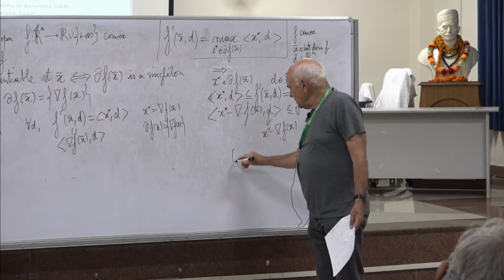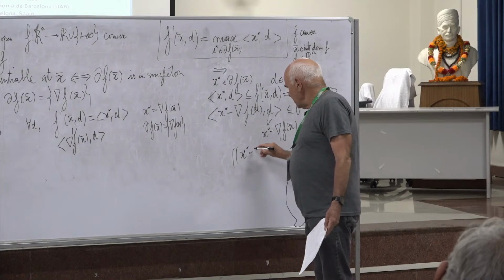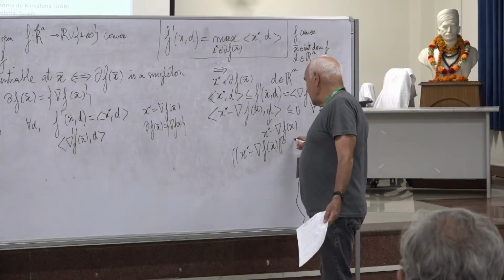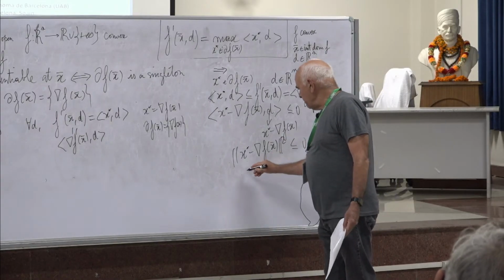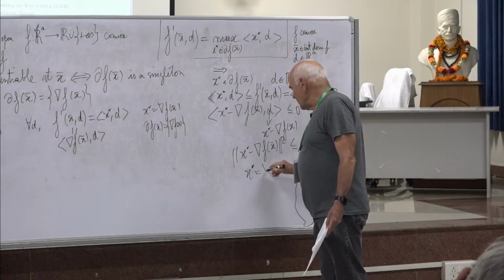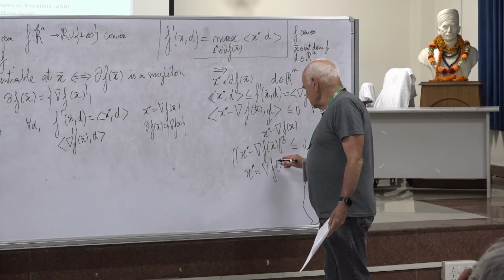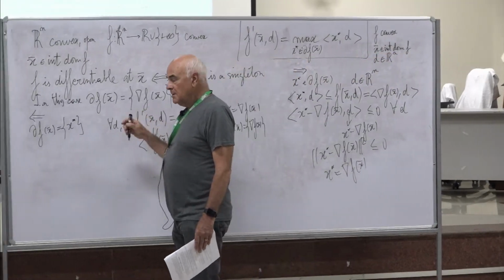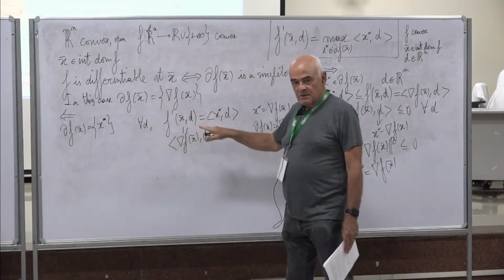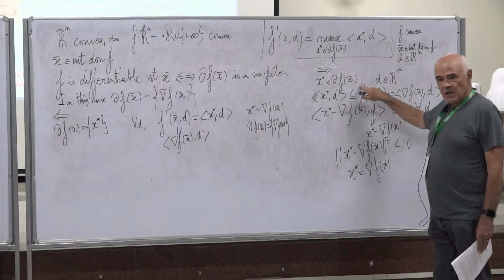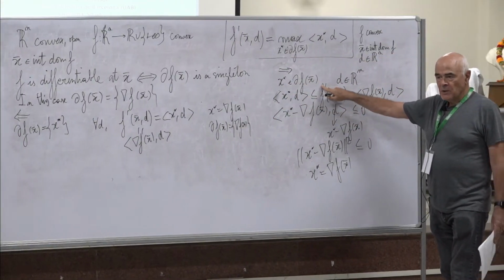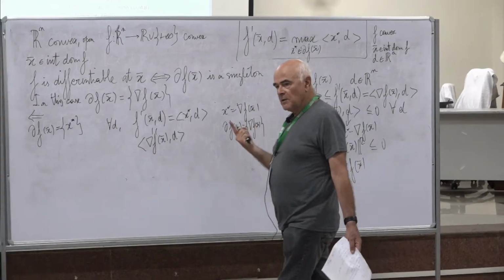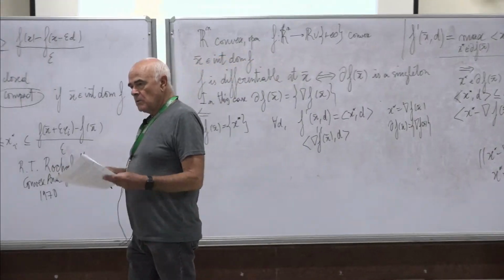And then I am getting the norm of x star minus the gradient of f of x bar to the square less than or equal to 0, which implies that x star is the gradient. So this proves the implication from left to right, but again this equality. I have taken an arbitrary element, an arbitrary subgradient, and proved that it is the gradient. So there is only one, the gradient. It's a singleton. Okay?